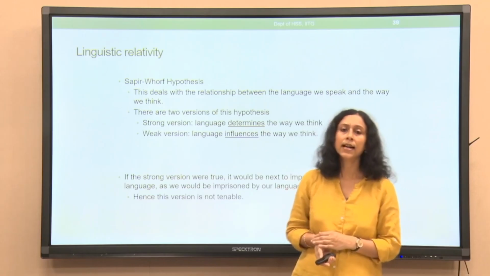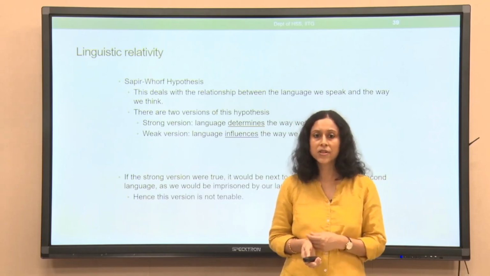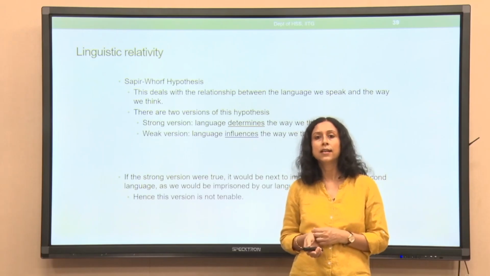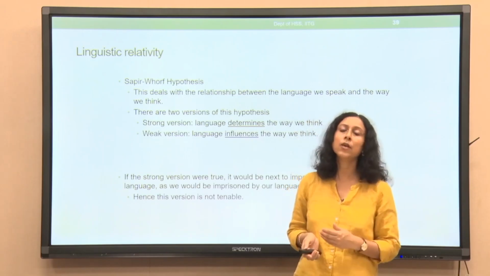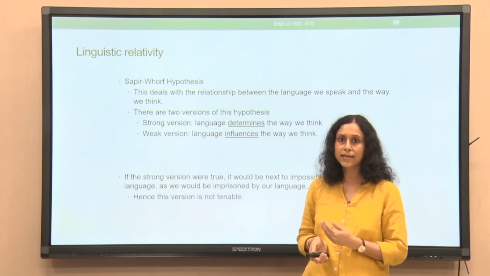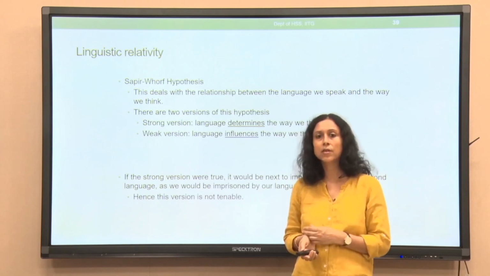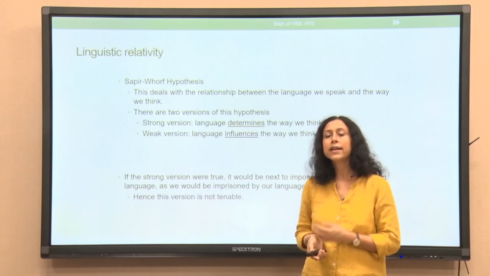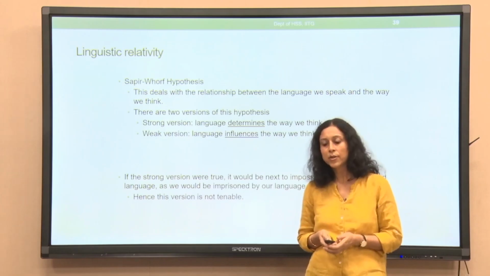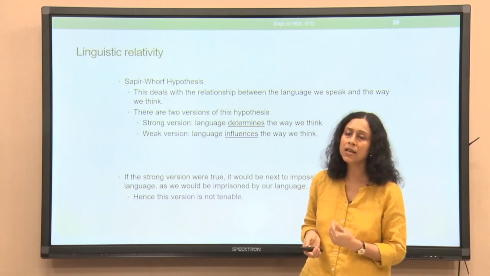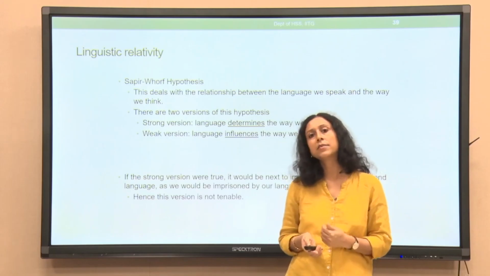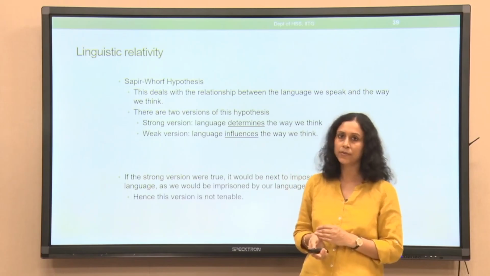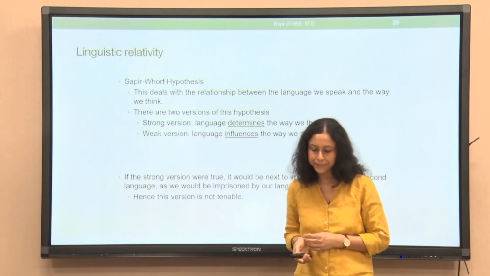It says that the language we speak, the semantic structure of the language, has a strong impact on the way we slice up the universe, in the sense that the way we look at the universe, the way we understand and cognize the world around us, is dependent on the language. So, it is in this context that the Dani's color cognition is looked at from the perspective of the color terms that they have.